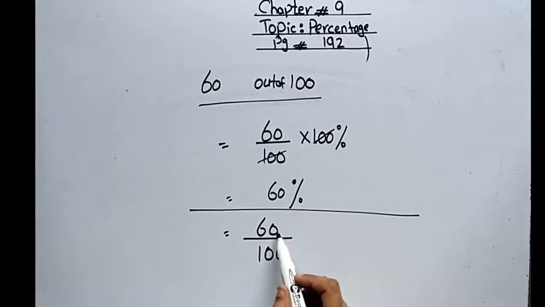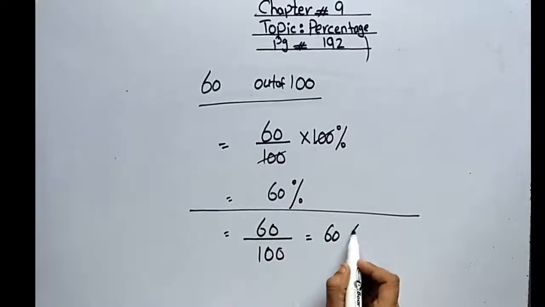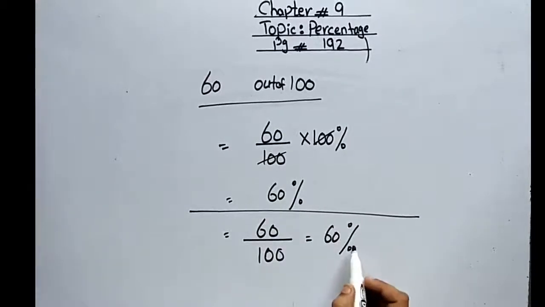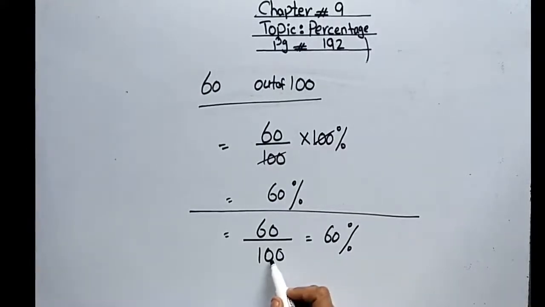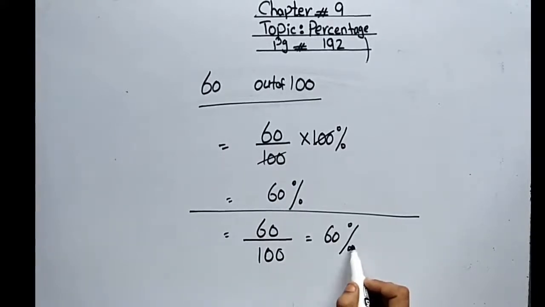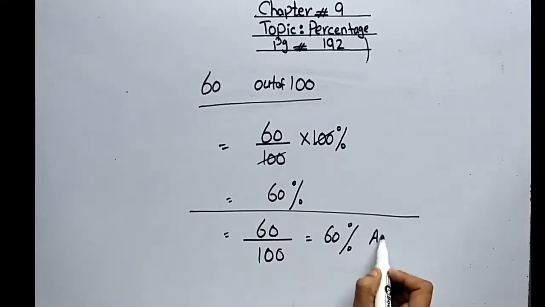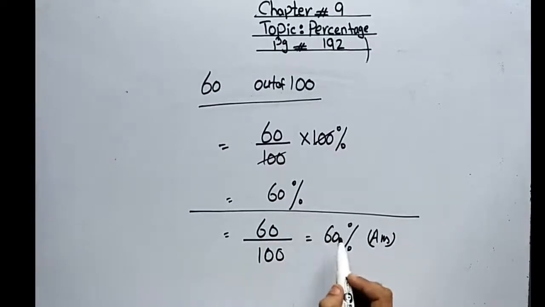And 60 divided by 100 can be written as 60%. When we remove the percentage sign, we write 100 in the denominator, and when we remove the 100 from the denominator, we simply put the percentage symbol, as percentage means out of 100. So this is your final answer. In both cases, your answer should be the same.